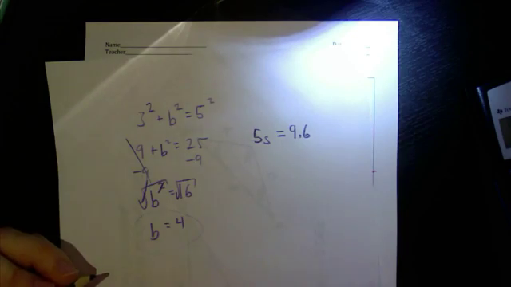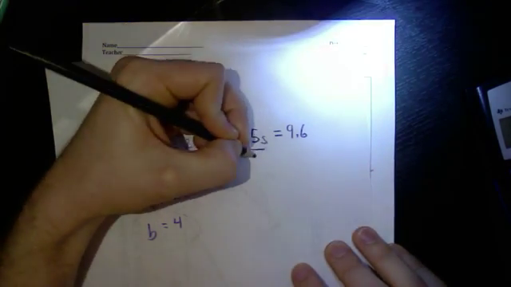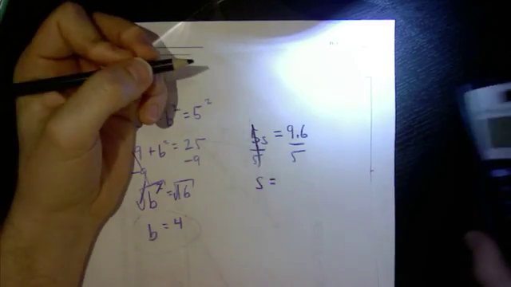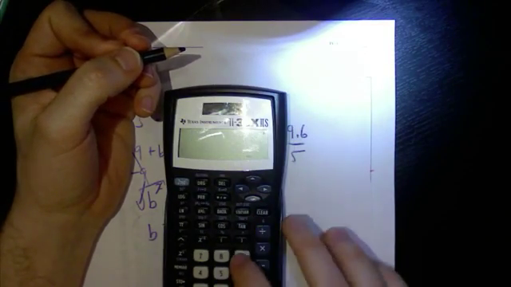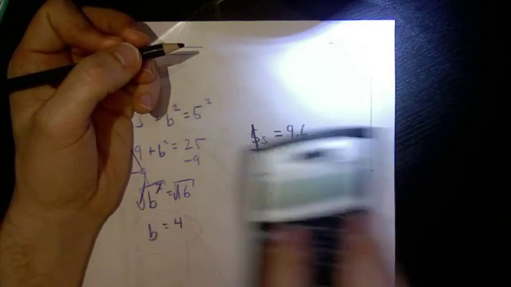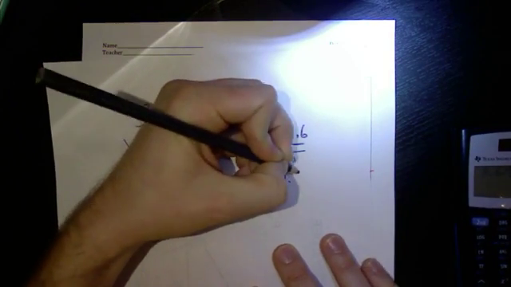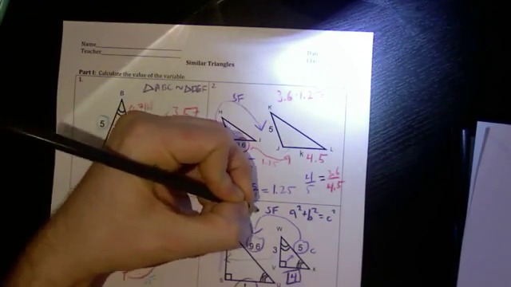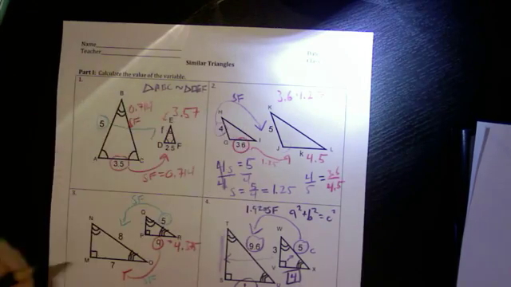Well, again, simple algebra. Divide both sides by 5. I'm left with s is equal to 9.6 divided by 5, which is 1.92. That's my scale factor, so I can write that in over here. 1.92 is equal to my scale factor.